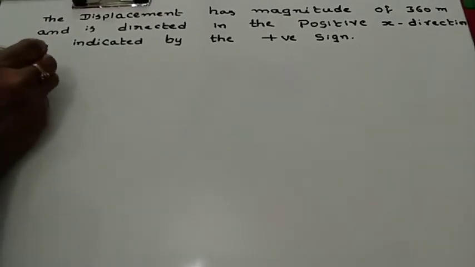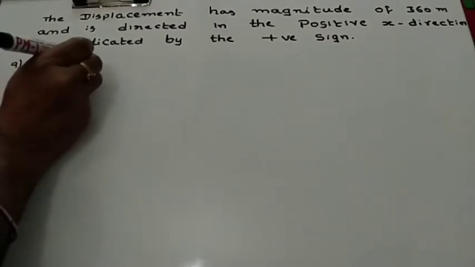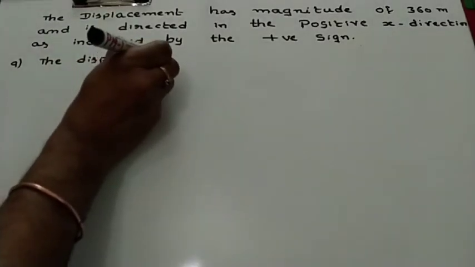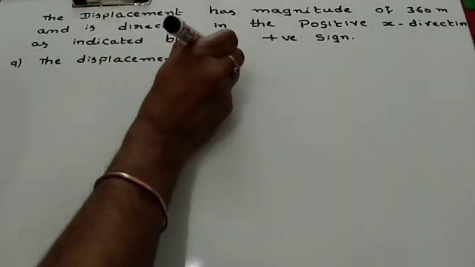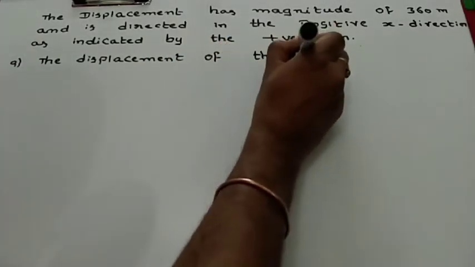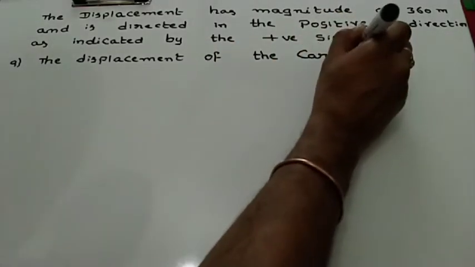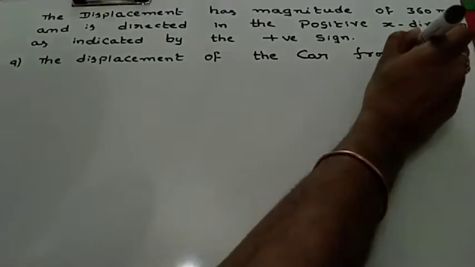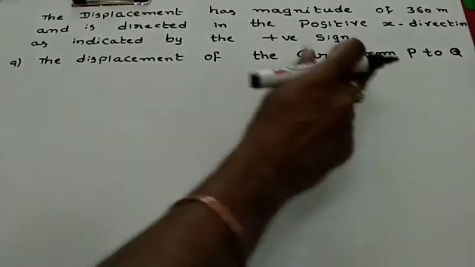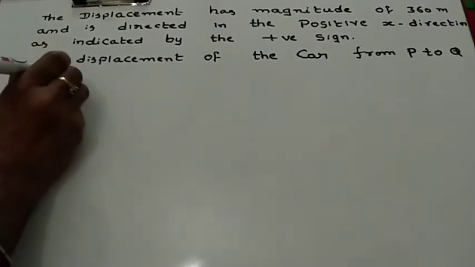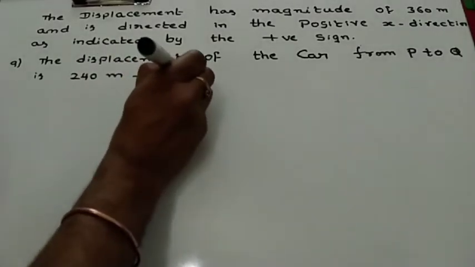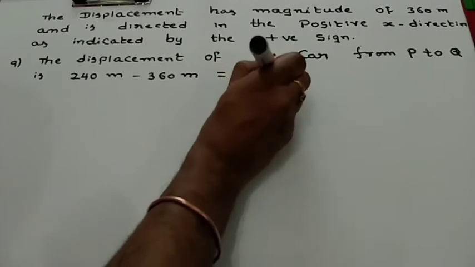The displacement of the car from P to Q is 240 meters minus 360 meters, that is equal to minus 120 meters.